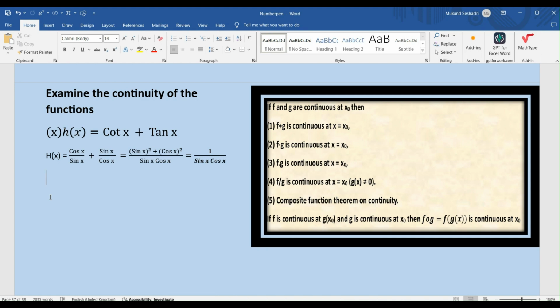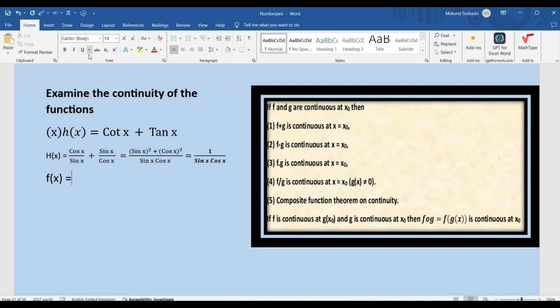It is 1 by sine x into 1 by cos x, right? So that is one way of looking at it, which means that f and g will still be undefined whenever sin x and cos x equal 0, right?